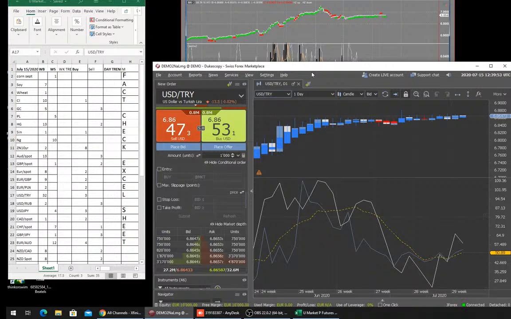They had knocked the Turkish lira back down to the 5 handle. And before you knew it, once that news came out, it took about 6-7 months for it to come out. Once it did, it just leaped up.